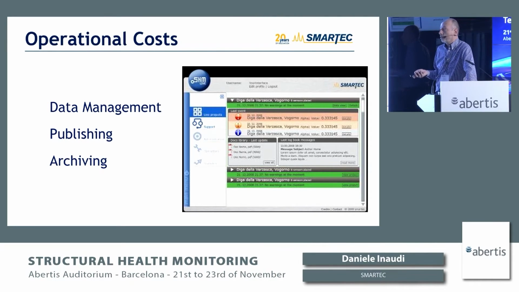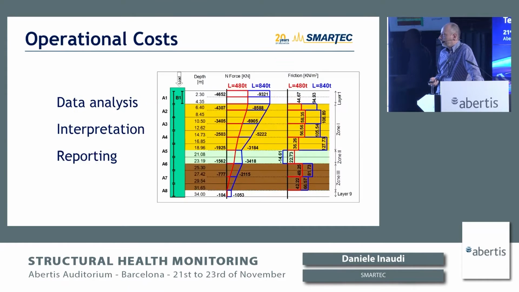Because I've seen many projects that were very successful from my point of view. So the system was installed, works, and provides data, but then that data doesn't get used. So that's a pity, and I think in the end, it's a problem for the industry. If people invest money and don't get a benefit in return, in the long term, it's not good for structural health monitoring.